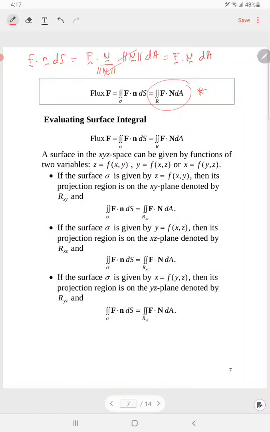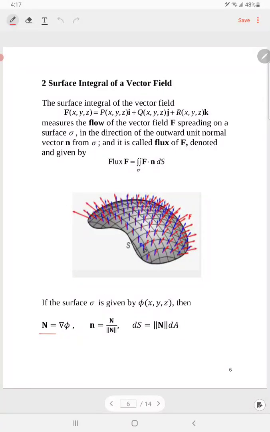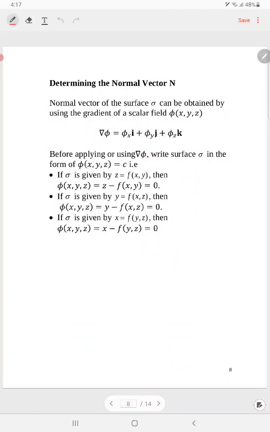So the first step is to get the gradient of phi, because the gradient of phi, as you know, is the normal vector to the surface. So first you need to rearrange your surface. If your surface is given as z as a function of x and y, you rearrange it as phi of x, y, z equal to z minus f of x, y.